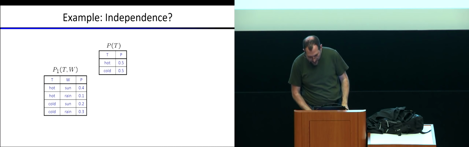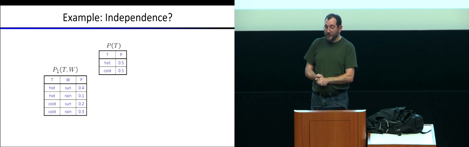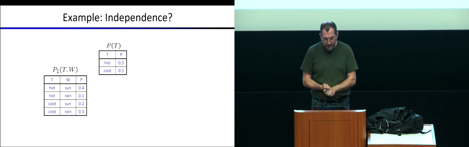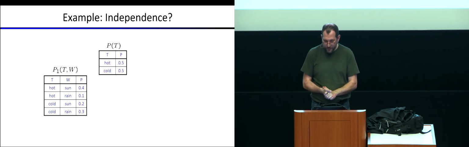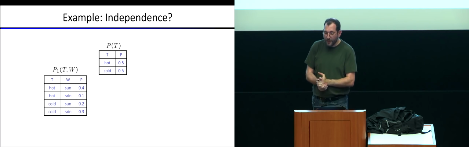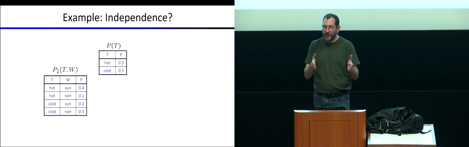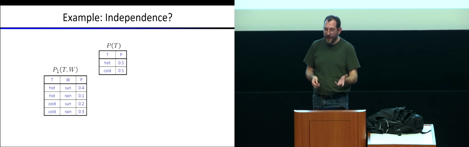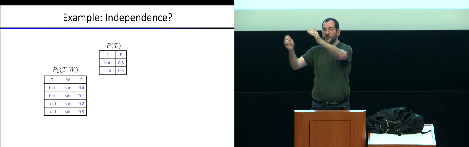Now what I can do is compute the marginal over T. So I can say, well, T is either hot or cold. And if I want to know the total probability of T equals hot, I look at my joint table, I look at all the consistent rows, and I add those together, and so I get 0.5. We did this last time. This is projecting a joint distribution over the two variables onto a marginal distribution over just one.